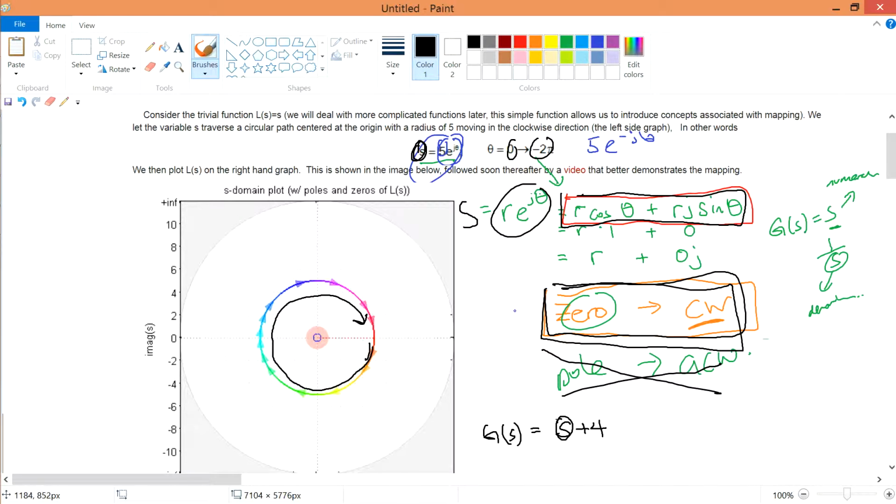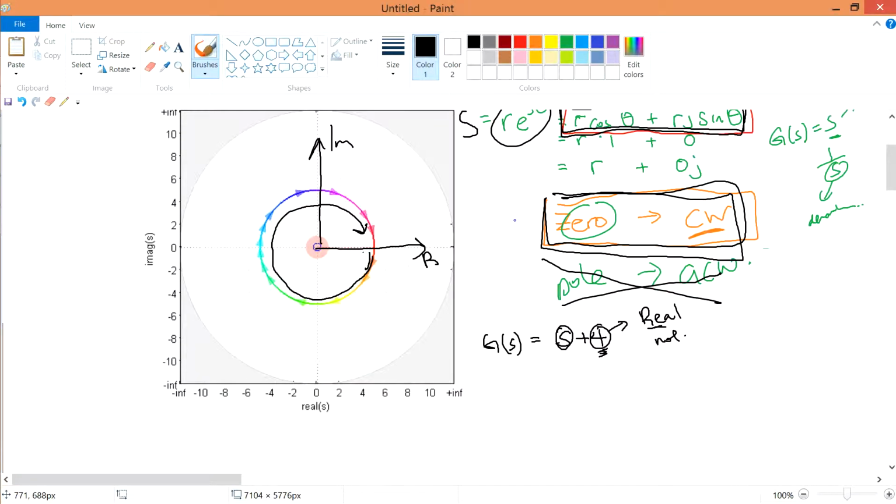We know that s is simply this one, correct? And we have proved to you that it's being drawn in this manner. If you have a plus 4 in this case, the 4 itself is a real value, meaning not imaginary. If you remember, this is the real axis, this is the imaginary axis. So if you have plus 4 in the real axis, this means you are shifting the graph by plus 4.